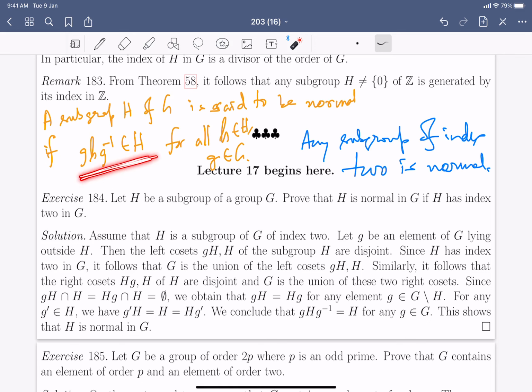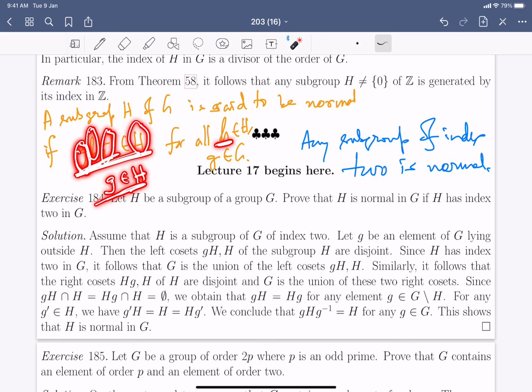Because if g lies inside H, the containment is trivial: we take the element little h from H, and g lies in H, so g h g inverse also lies in H, since H being a subgroup has to contain the product of any of its elements.